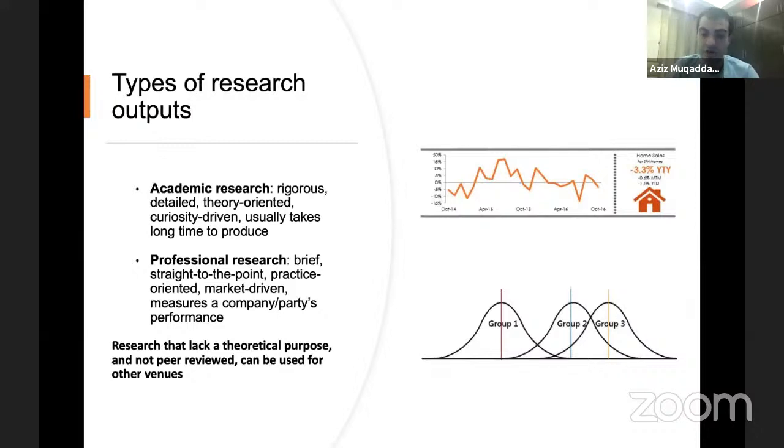If you're a marketer, what demographic exists in any given website that would help me advance my message? So you see, professional research would be coming from a different place than academic research. It doesn't have a theoretical purpose per se, but it has a pragmatic purpose.